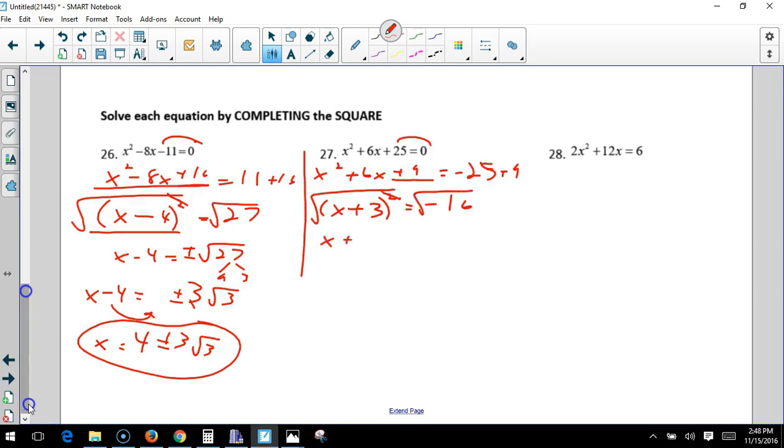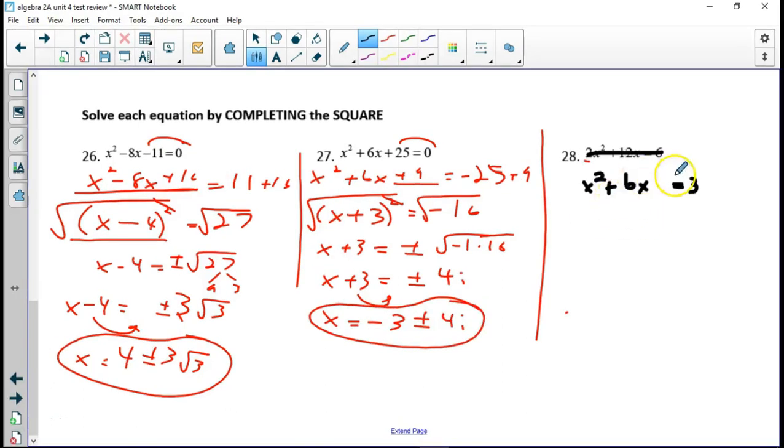And I get x plus 3 equals plus or minus the square root of negative 16, which is negative 1 times 16. Well, when I break that on down, I get plus or minus 4i. Square root of 16 is 4, square root of negative 1 is i. Now I just move this over. X equals negative 3 plus or minus 4i.